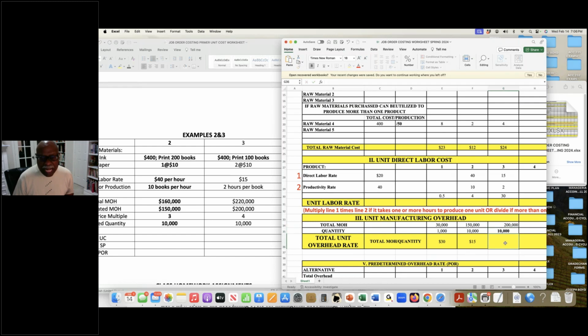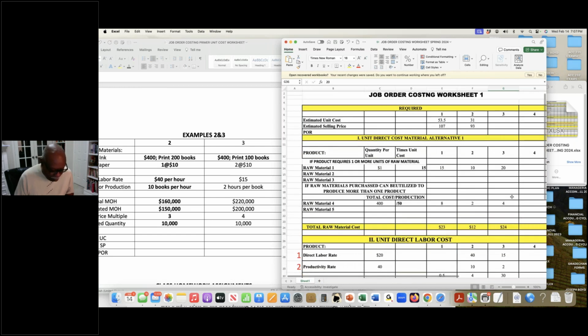So what then is our unit overhead cost going to be? 20. I'll take your word for it, 20. So when we add all these costs up, 20, 30, and 24 is 74. I'll take your word for it, 74.